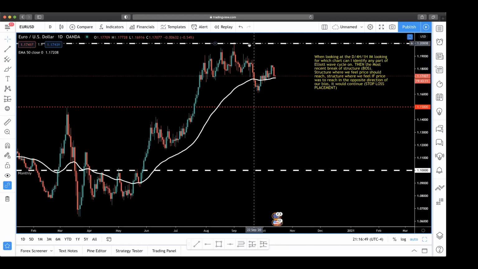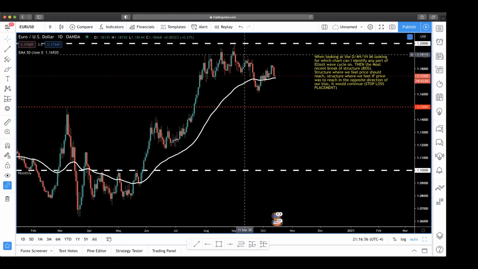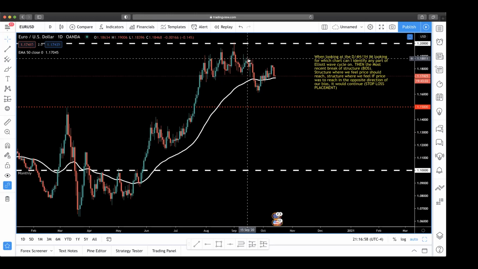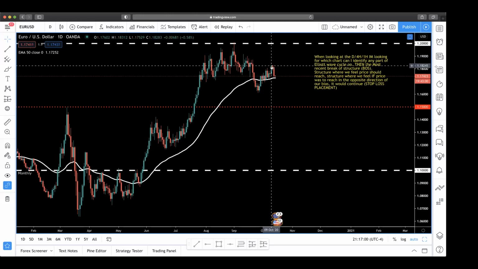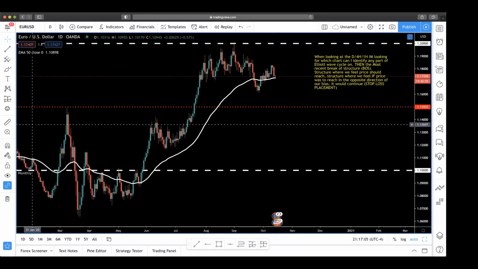So looking at the Euro USD, starting out on the daily time frame, first of all, what I see is rejection up here at my key level. Okay. So I see that already. Now I see the lower high. Then I see an even lower high. So I'm going to mark all this up, guys. I want to delineate this stuff.